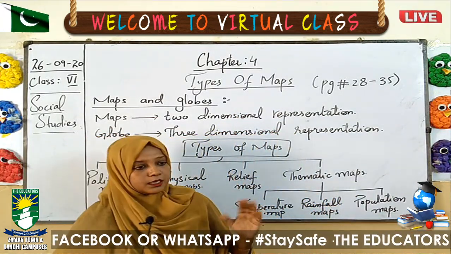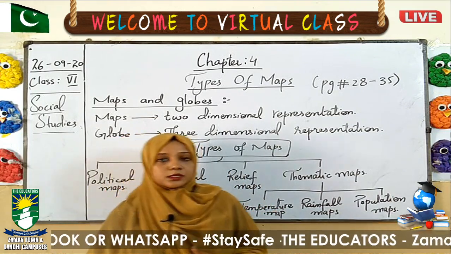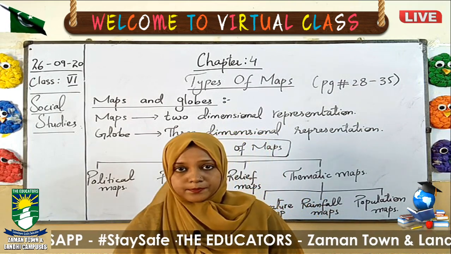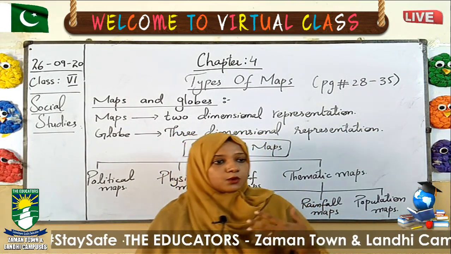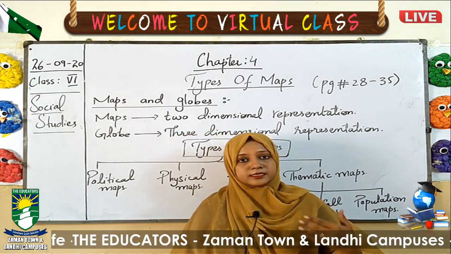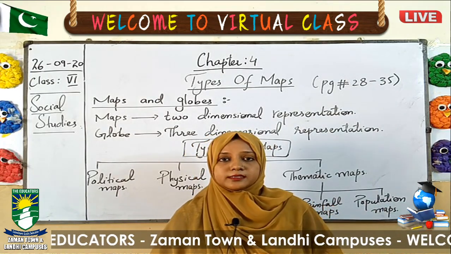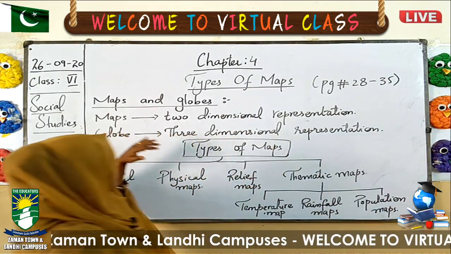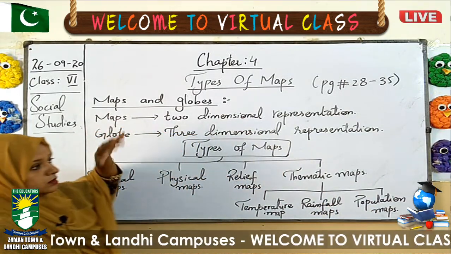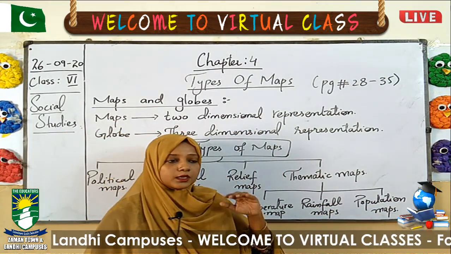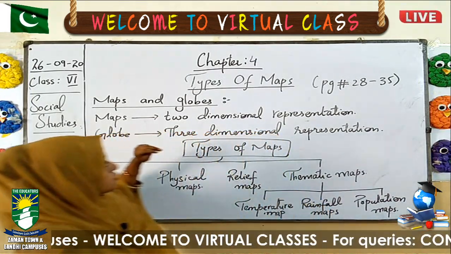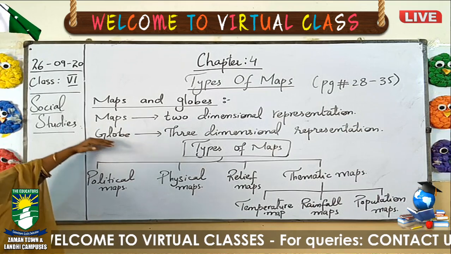Before starting reading and learning about the types of the map, first of all we must know what a map is. A map is something which can tell us the direction to reach our destination, right? As far as the surface of the earth is concerned, there are two ways to represent it, either through the globe or through maps.